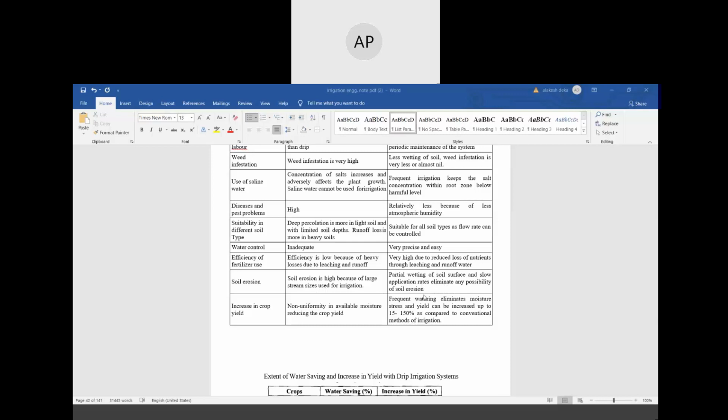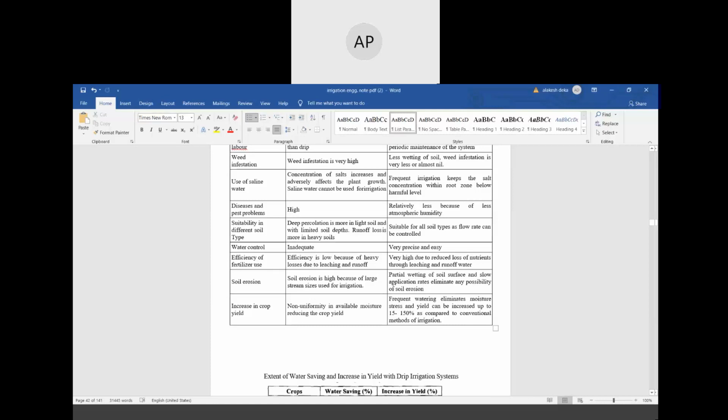To grow a crop properly, we have to apply water in a regular manner, in smaller amounts, like some drizzle-like water. So we cannot flood the whole area.